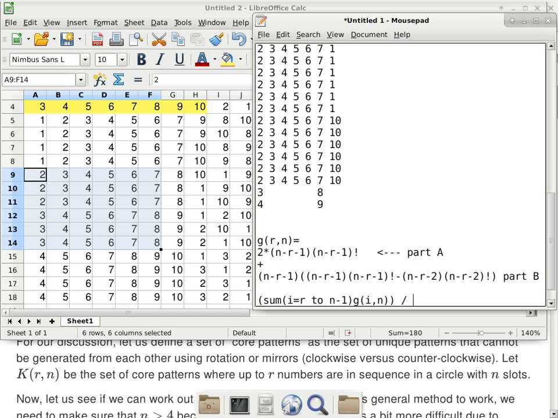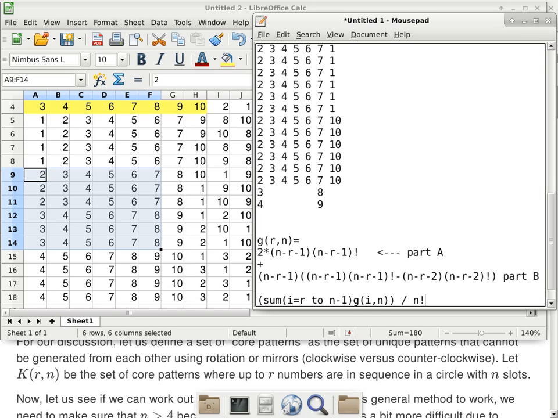Omega is the set of all possible outcomes. In this case, we have n slots and n numbers. How many ways can you put n numbers into n slots? N factorial, exactly.